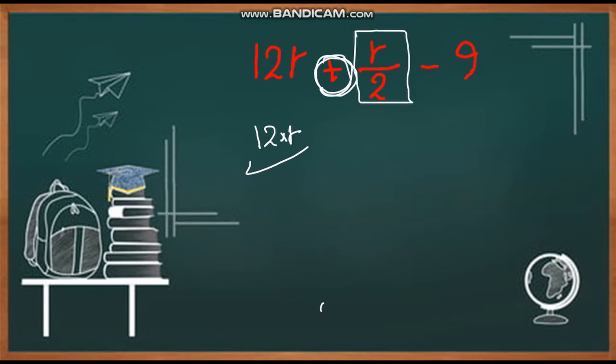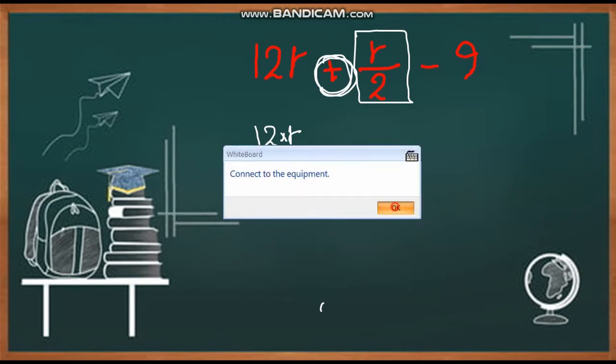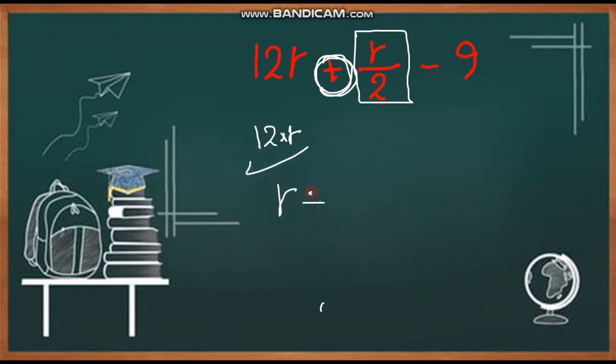R out of 2 means what? r divided by 2. So we have here the quotient r out of 2, where r is the dividend and 2 is the divisor. Then we have subtraction. So how many operations? Let's count: 1, 2, 3, 4. 4 operations.